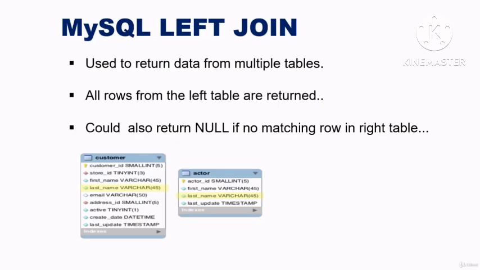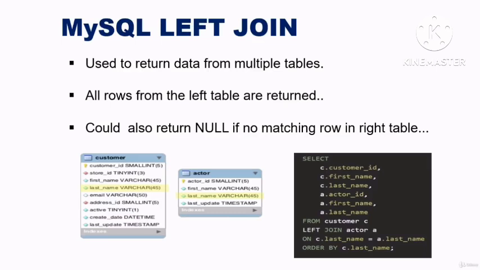To achieve that, we'll need to write a query like this. So we'll do select, using aliases here. We've got c.customer_id, c.first_name, c.last_name, a.actor_id. The c there stands for customer, and the a is an alias for actor.